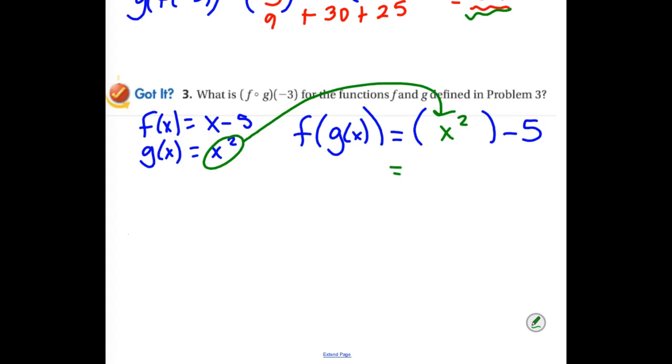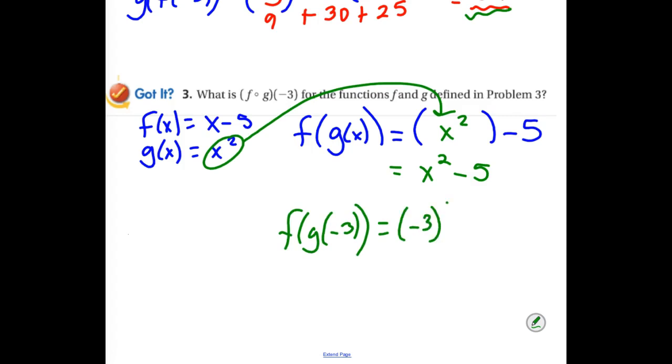So my solution here would just be x squared minus 5. All right, different answer than what we got on the previous one. Now, what is f of g of negative 3? If we put a negative 3 in there, we're going to square it and then subtract 5. We get what?